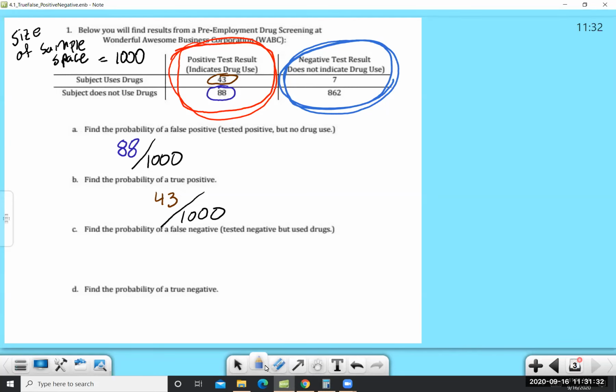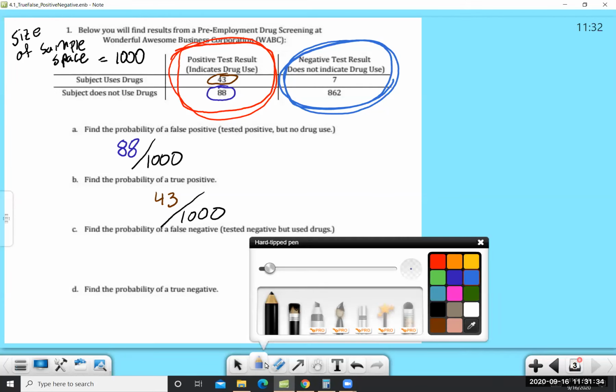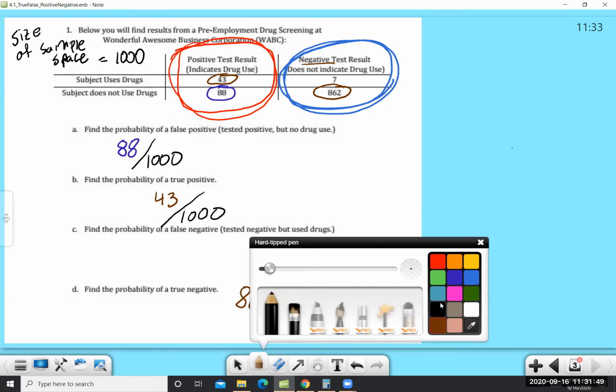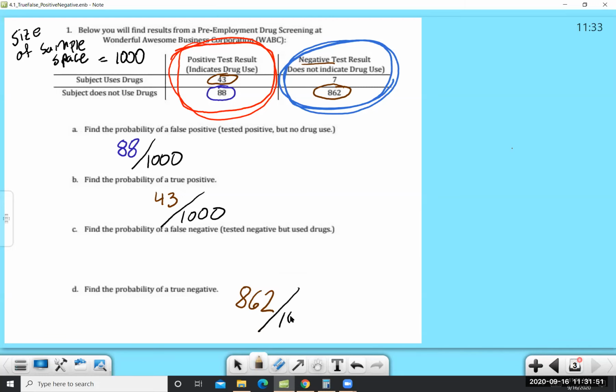So let's go ahead and do true negative first. A true negative is when I don't use drugs and the test says that I don't use drugs. So that's going to be 862 out of 1,000.